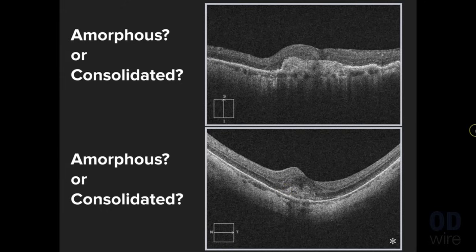That is another example for you of myopic choroidal neovascularization with the presence of amorphous subretinal hyperreflective material as an early sign of CNV. In fact, in myopes, it's one of the earliest things that you're going to see: subretinal hyperreflective material without very much intraretinal fluid or subretinal fluid.